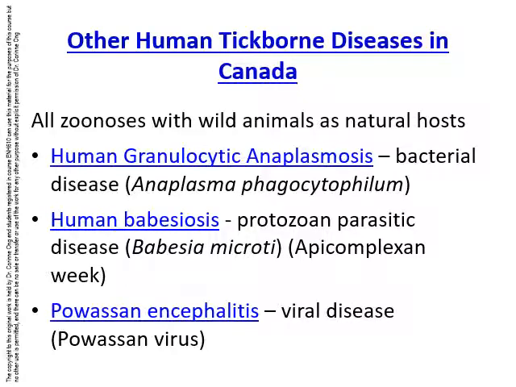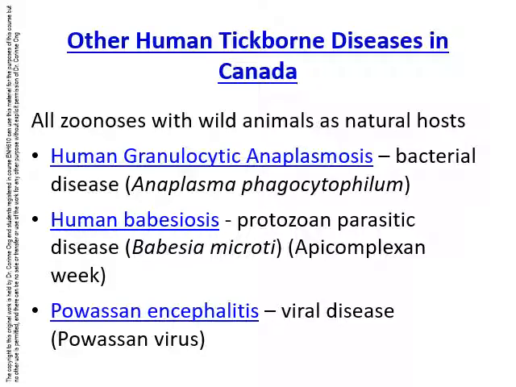There are also other tick-borne diseases that can be transmitted to humans. Below is a list of them. I'll just go through them quickly. I've mentioned some of them already in previous slides, especially with the vector ticks. The first one is human granulocytic anaplasmosis. It's a bacterial disease caused by a rickettsial-type bacteria.